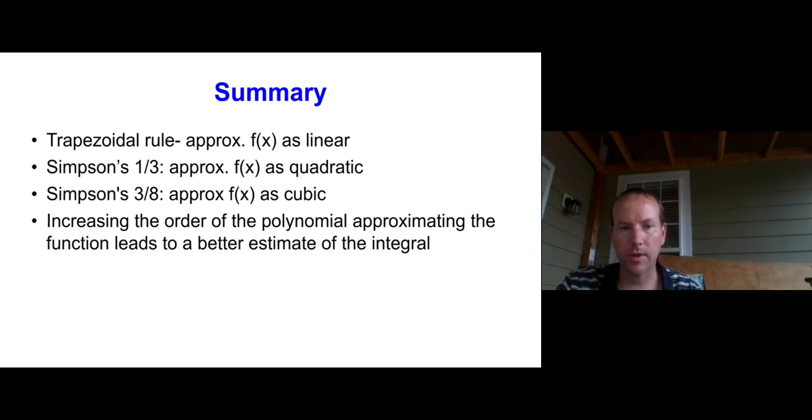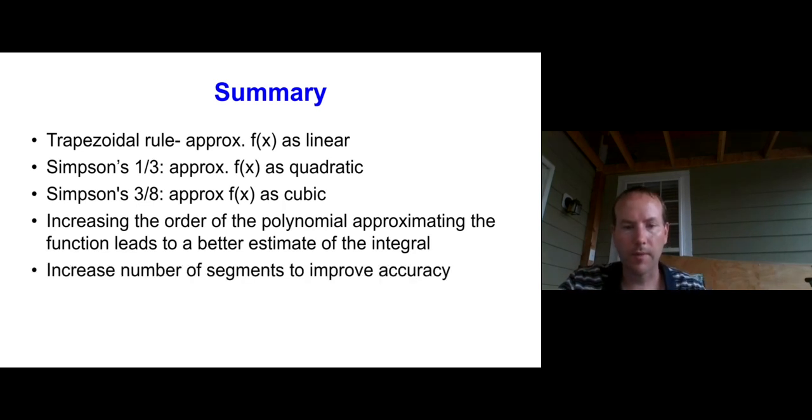One is to use a higher order function, and remember that's just the same way as in Taylor series. If we took a higher order Taylor series, we got more accurate results. And so here, taking a higher order polynomial, you get more accurate results. Or you can break it up into a whole bunch of different pieces using the multiple application rules, and that is another way of getting smaller errors.